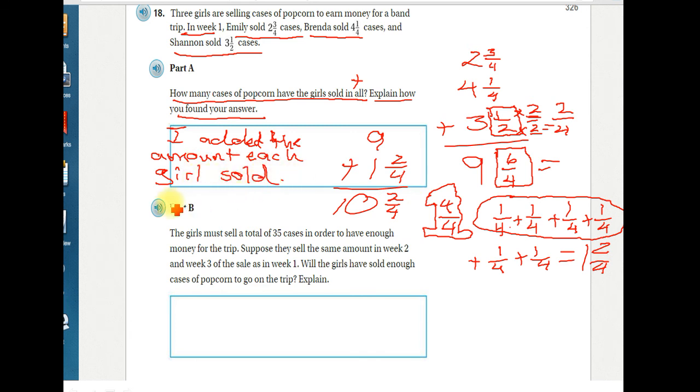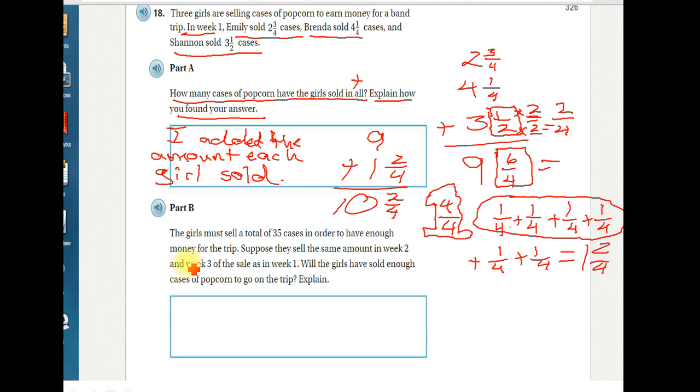That's how I found my answer. So again, these explain how you found your answer. A lot of students get all worked up. They don't know what to write. It's really very basic. Explain what you did in words. Well, simply all I did was add up the amount each girl sold. I added that up. Okay.